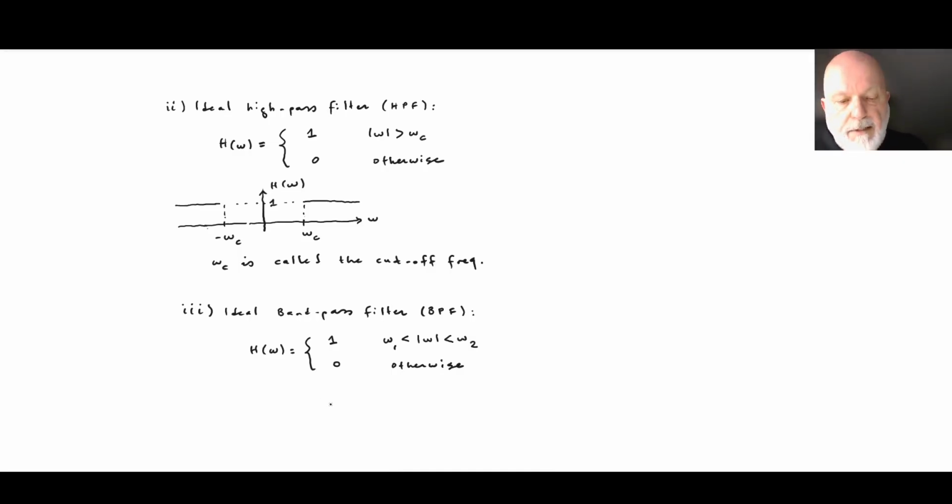So if we plot H of omega as a function of omega for the ideal bandpass filter, let us choose omega 1 and omega 2 like this, and so we have minus omega 1 and minus omega 2.